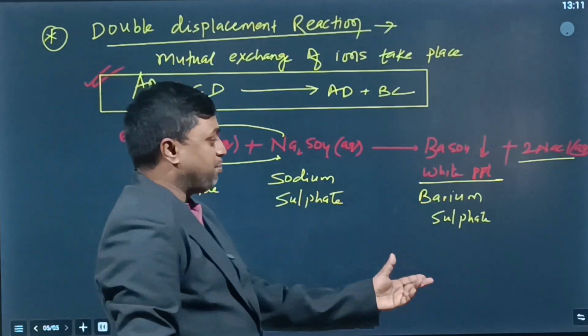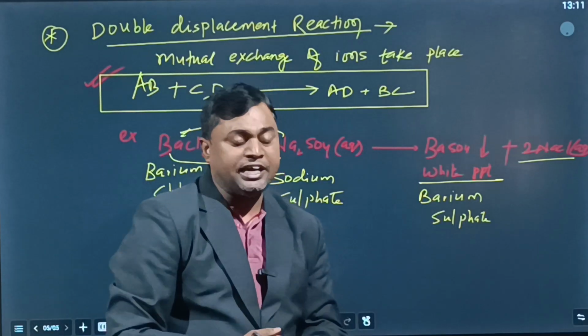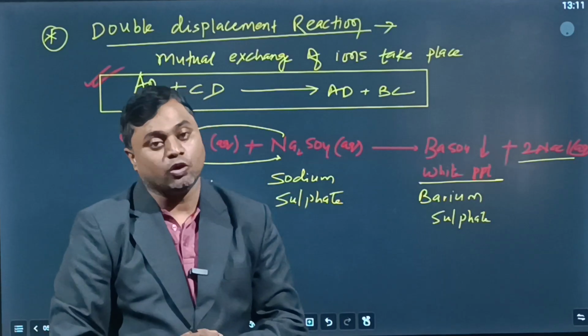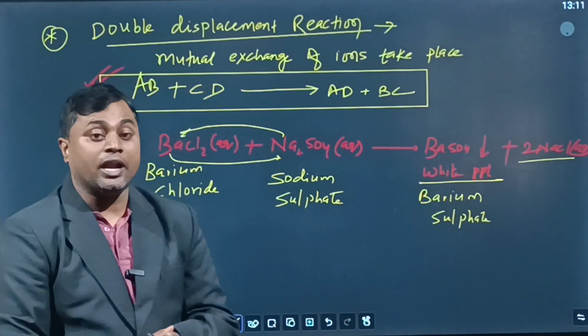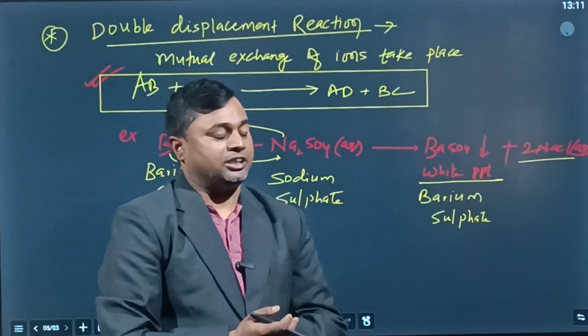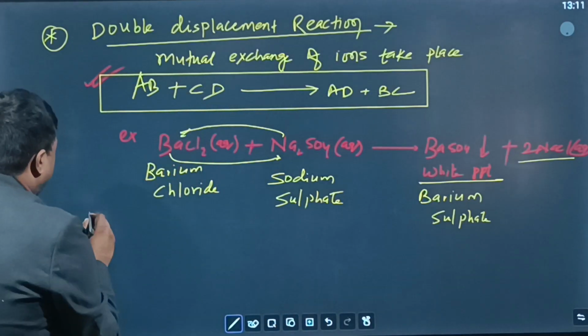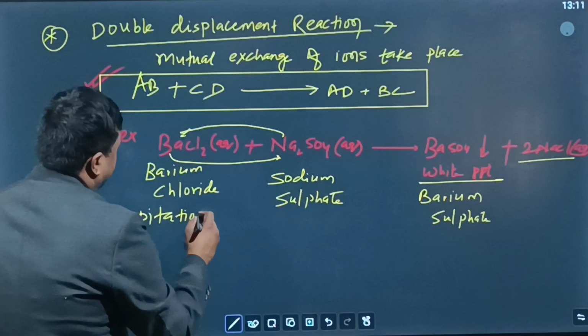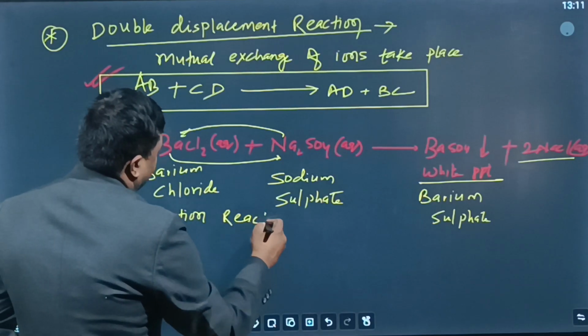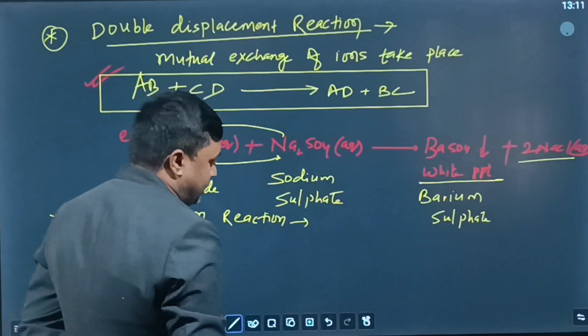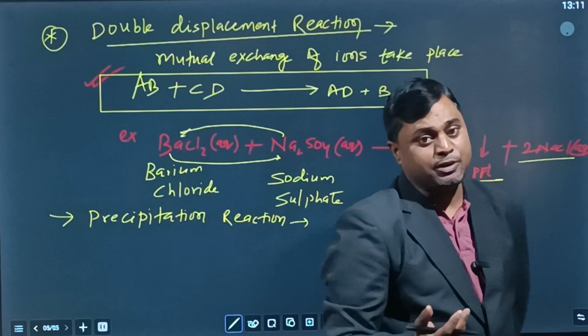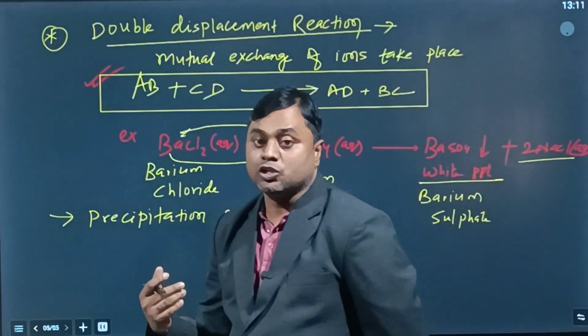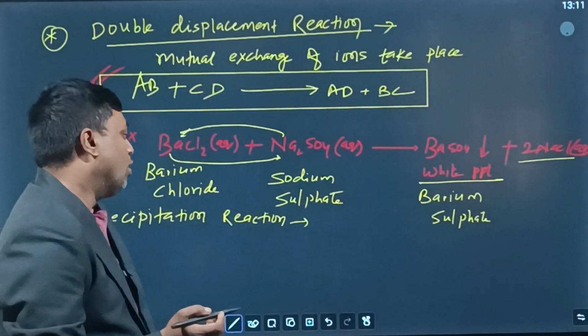As in this reaction a precipitate is formed. What is a precipitate? An insoluble solid substance is called a precipitate. So this is also called a precipitation reaction. We can define a precipitation reaction: it is a type of double displacement reaction in which a solid precipitate is formed.